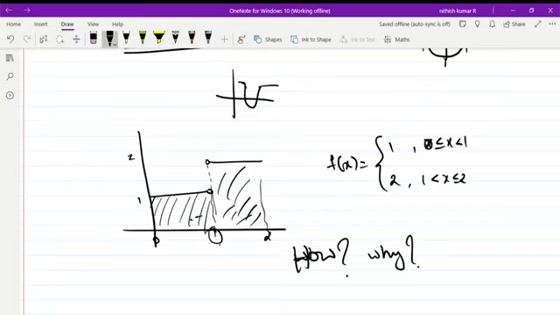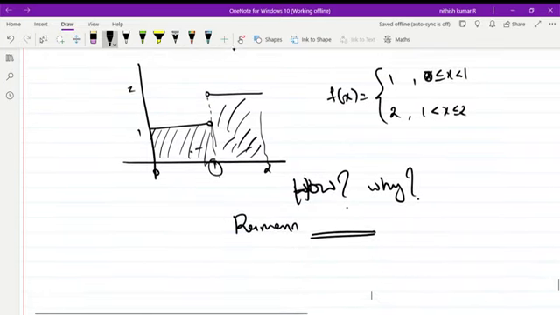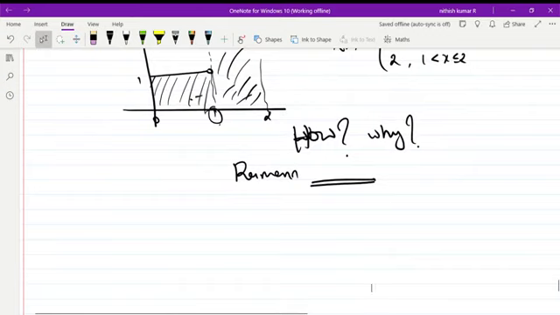And this was developed by Riemann. One of the interesting facts is, wait a second. So it's Riemann integration.